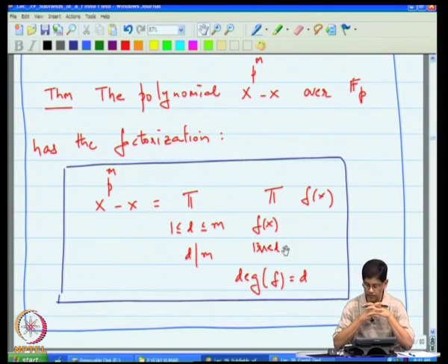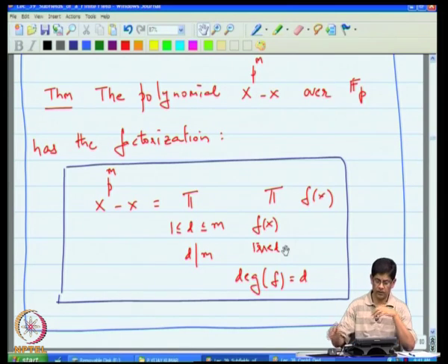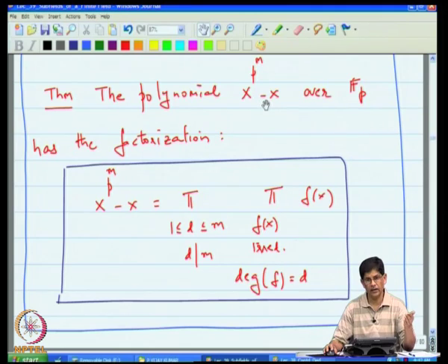So, we are not very far from completing our discussion on finite fields. We need to wrap up the discussion on minimal polynomials and one other topic. So, this theorem gets us a start on that. So, we are now back to discussing polynomials.